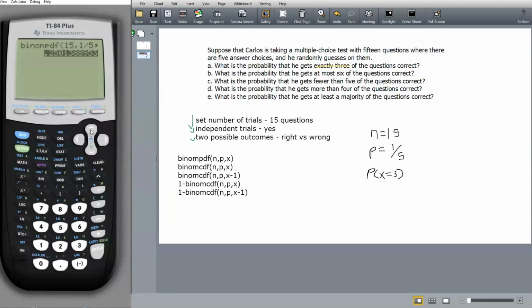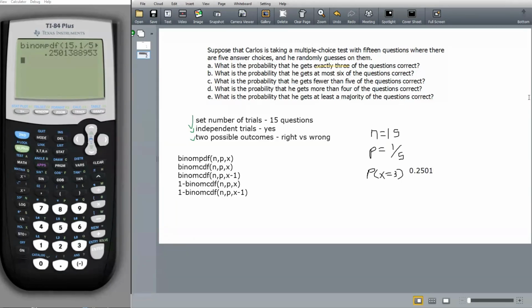Once I have typed in my numbers, I can check my preview, and you'll see that my preview says binomial PDF n, comma, p, comma, x, which matches what my preview should be for the equals sign. So my probability that he gets exactly 3 is 0.2501.